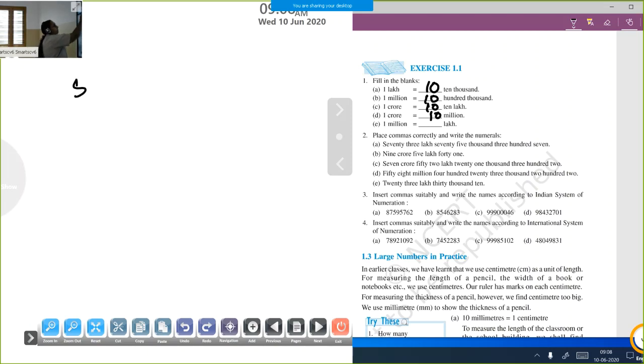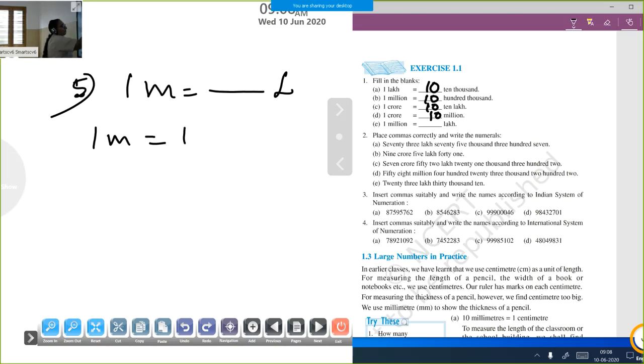Last one, okay? Fifth one. 1 million equal to dash lakh. All of you know 1 million means 1 followed by 6 zeros and 1 lakh means 1 followed by 5 zeros.